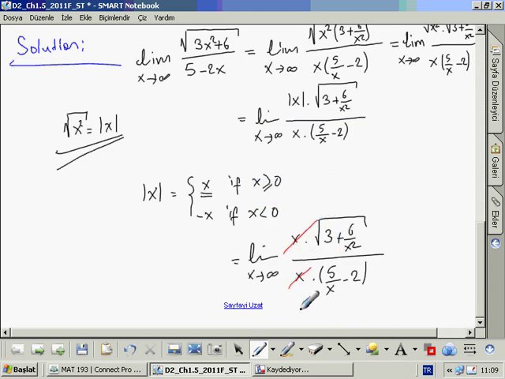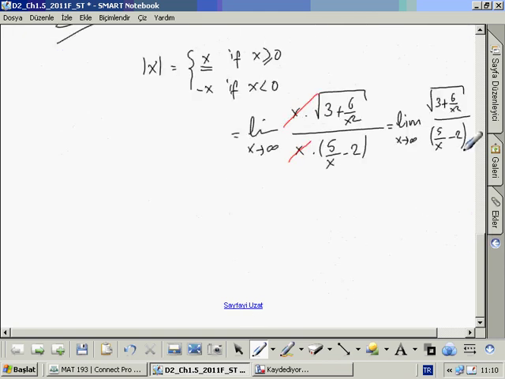It equals the limit of the square root of 3 plus 6 over x squared over 5 over x minus 2, and these parts go to 0.